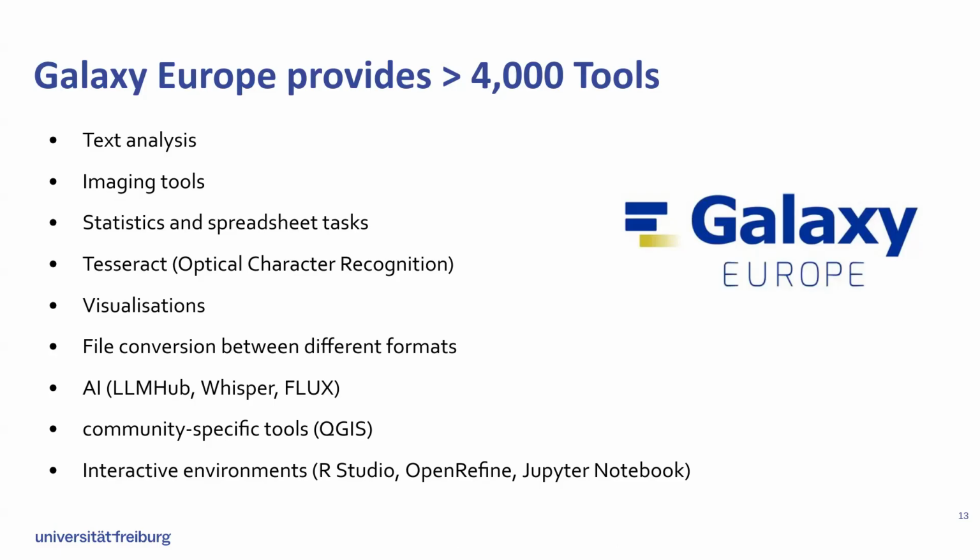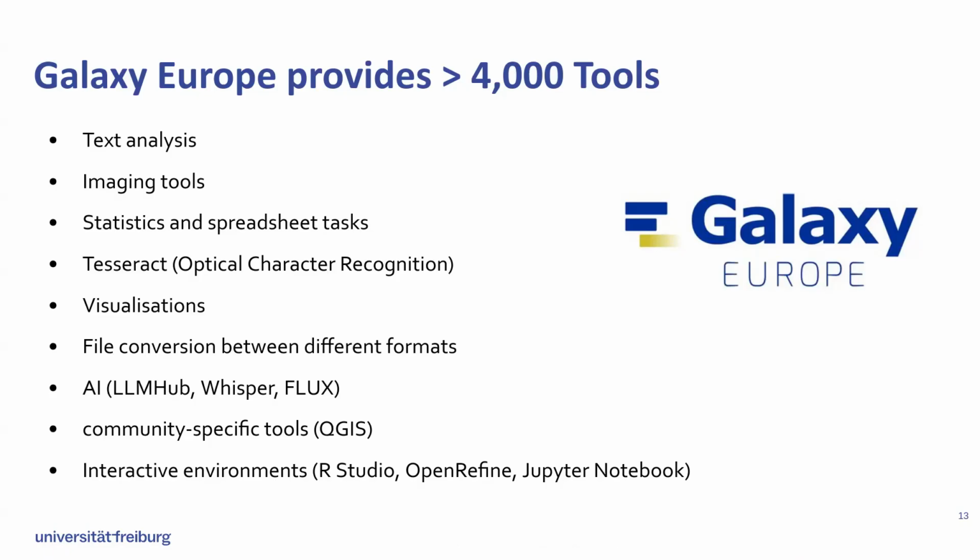Then we have several AI tools, for example, like the LLM Hub, where you can run multiple open source large language models. We also have Whisper and WhisperX for speech to text. So when you have audio recordings, you can put those into text. Or for example, also Flux, which creates images from text.